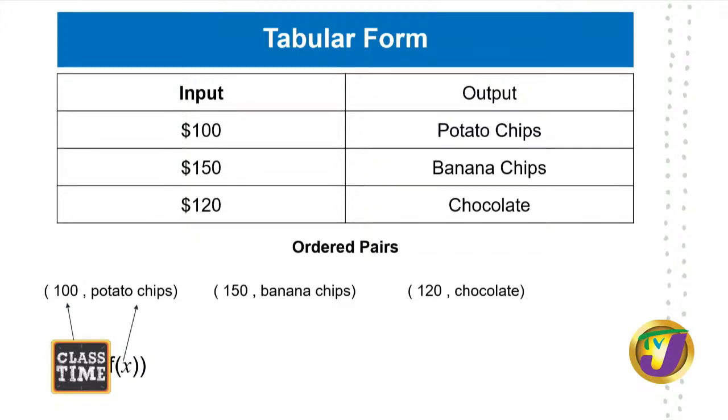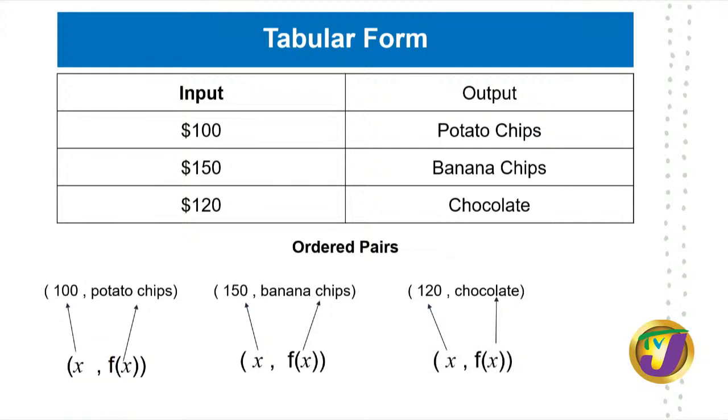You would have been acquainted with x and y, and we are going to explain further why we have f of x and not y. Similarly, our $150 would be our x value and the banana chips our f of x; $120 is x, and our chocolate is f of x. So this is how you would move from your table form to writing this in ordered pairs.